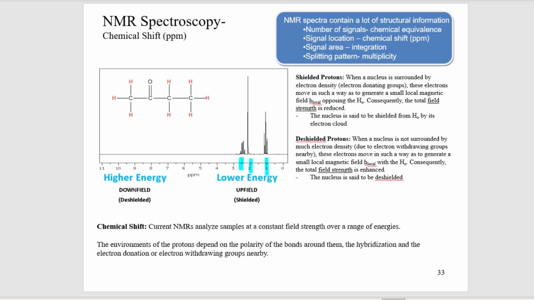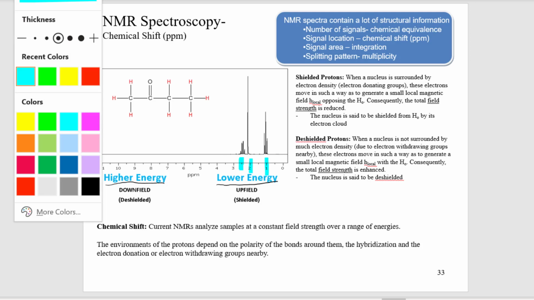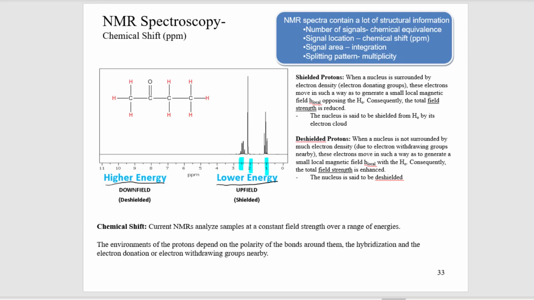Pay attention to the fact that these higher numbers pertain to a higher energy, and these lower numbers in ppm pertain to lower energy. The words that we use the most in talking about the spectrum of an NMR is field, relative to the field strength. So we call the area with the higher ppm values downfield, and the area with lower ppm values upfield.